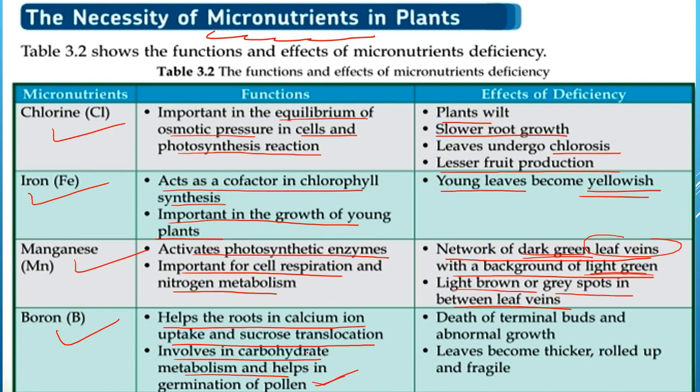Then the deficiency: death of the terminal buds and abnormal growth. The terminal buds, which are meant to grow, will die, and also the leaves become thicker, curled, and fragile. Fragile means easily falls off.